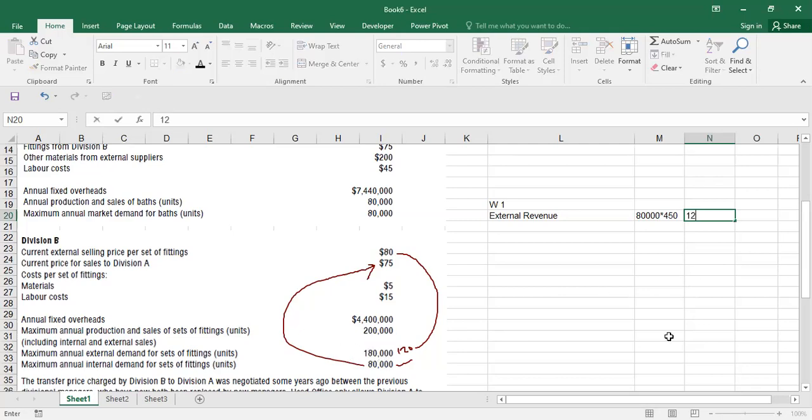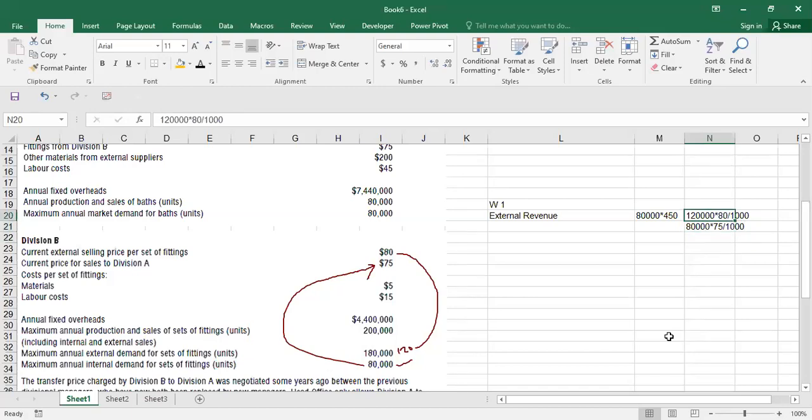So I should be doing 120,000, which they sell outside, multiplied by 80, divided by 1000. And what do they do internally? Internally, they are giving 80,000 units at the price of 75, divided by 1000. We are just trying to eliminate those zeros.